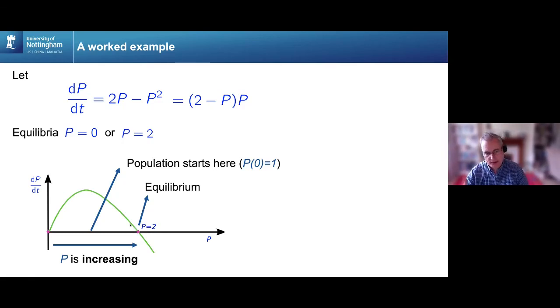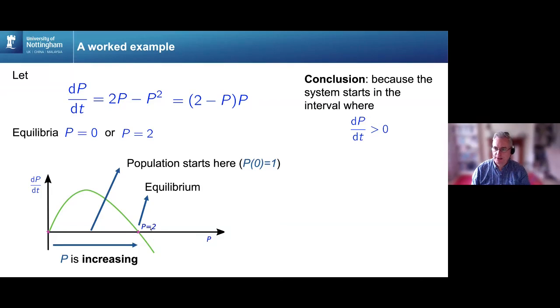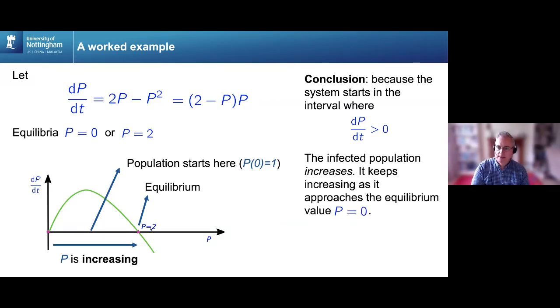It slows down, but it keeps moving rightwards. And in this case, the solution will gradually approach the equilibrium value p equals 2. So that's what we're going to conclude here, that because dp dt is positive in that interval, the infected population increases and approaches the equilibrium value. It should here be p equals 2, not p equals 0.